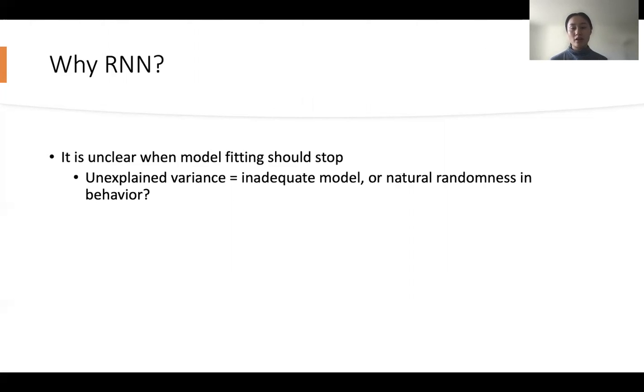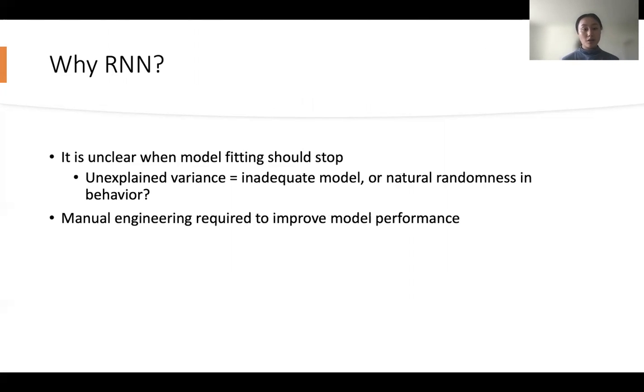You don't know whether it's because the model is inadequate or there's just natural randomness in behavior that cannot be explained. Also, even if you know it's because of an inadequate model, often you need manual engineering to improve model performance. So here come the advantages of RNN.